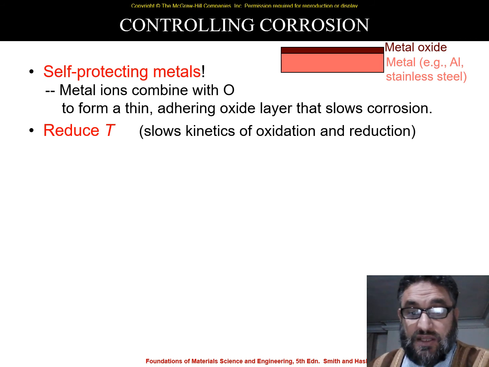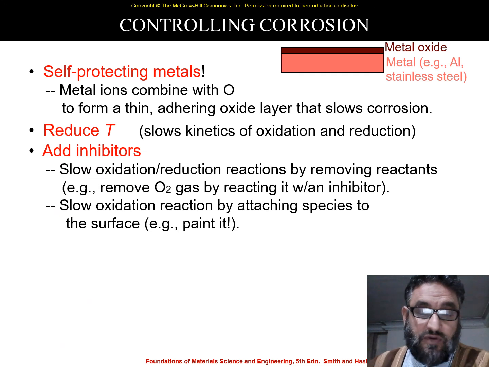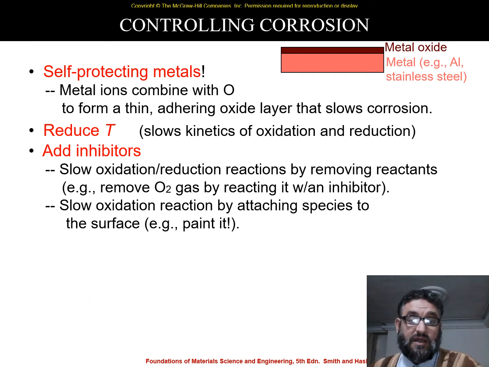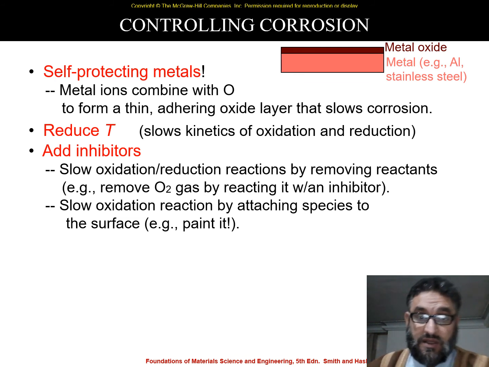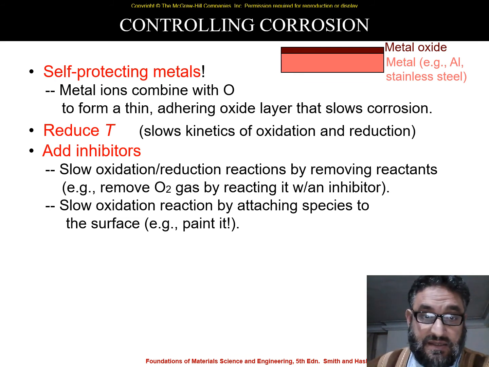The activation energy will be more suitable for the reaction by increasing the temperature, so a lower temperature is better for inhibiting the corrosion. Adding inhibitors slows the oxidation reaction reduction by removing reactants.